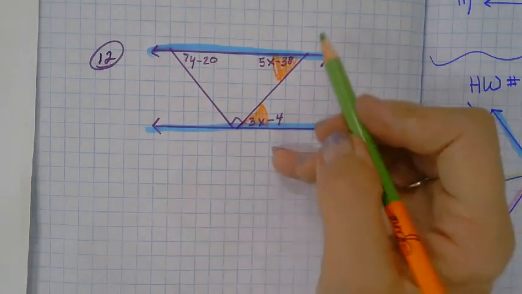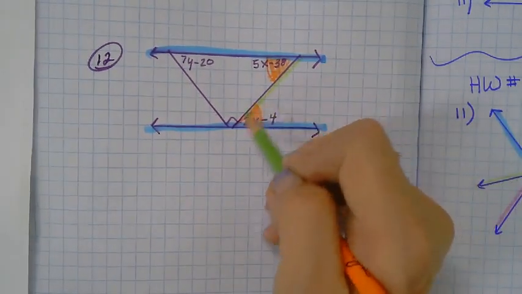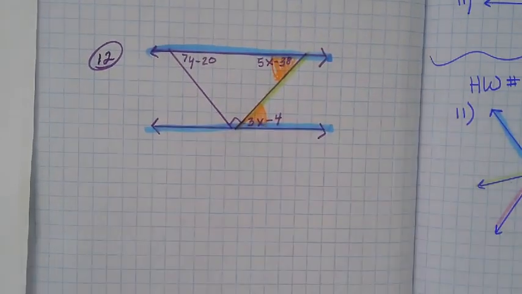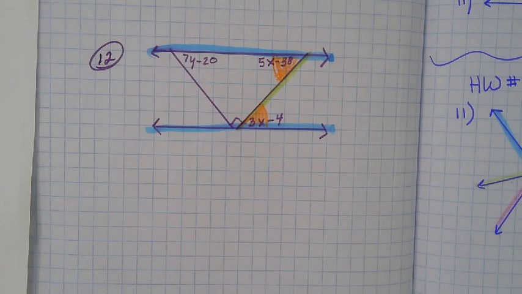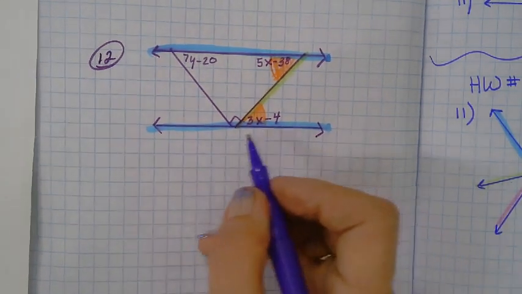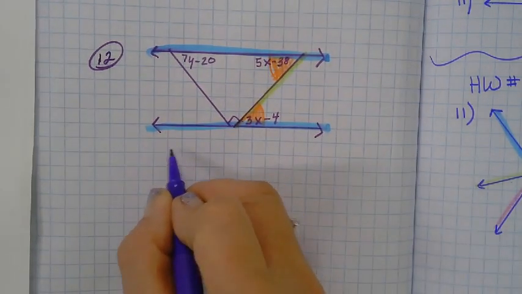And they look like they're both on this transversal right here, right? So what type of angle are those? Alternate interior. And alternate interior angles are congruent.